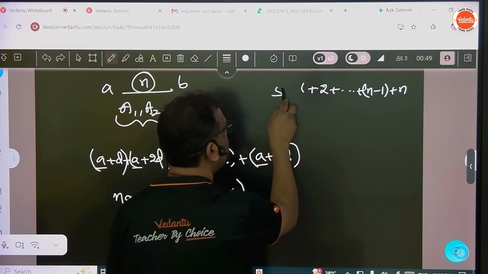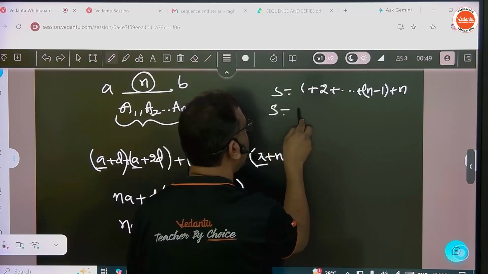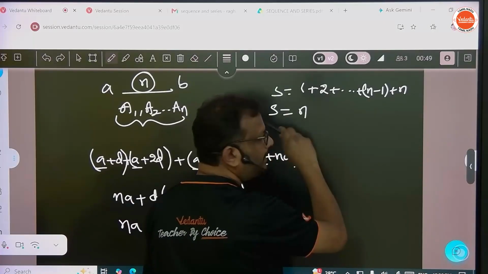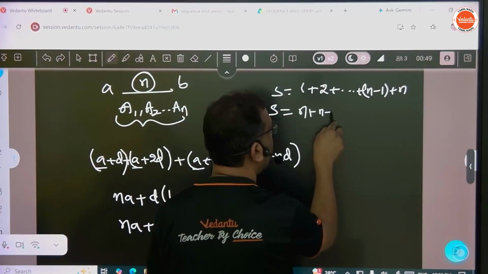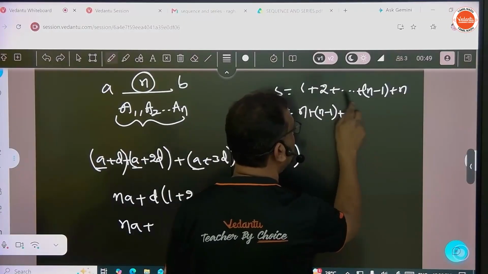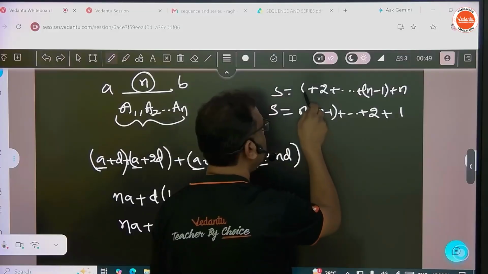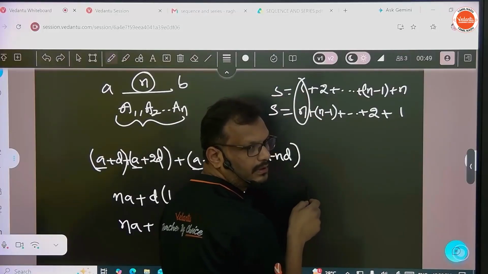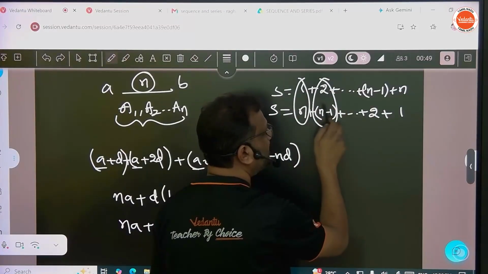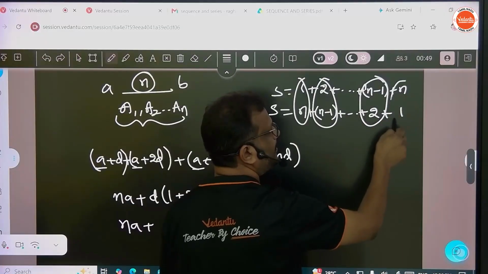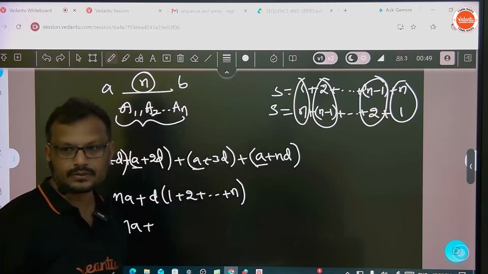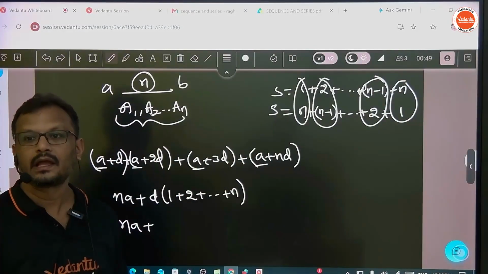So let's take this as S. And write the same in reverse order: n, next n minus 1, next up to so on, 2 and next one is 1. So what is the sum of these two? n plus 1. Sum of these two, n plus 1. Sum of these two also n plus 1. So n plus 1, how many times is it coming? n times.